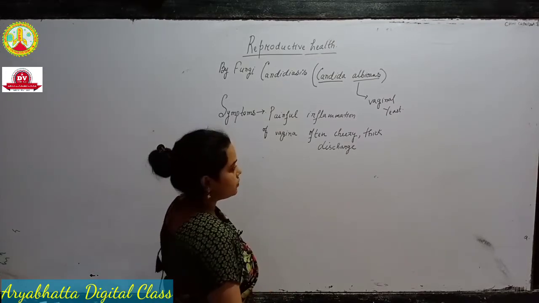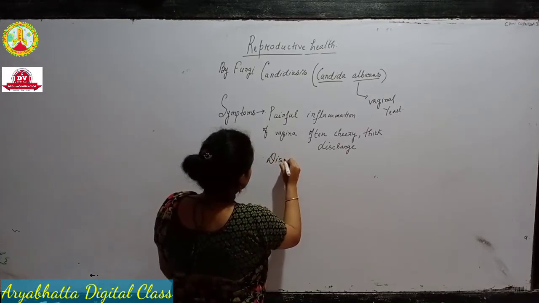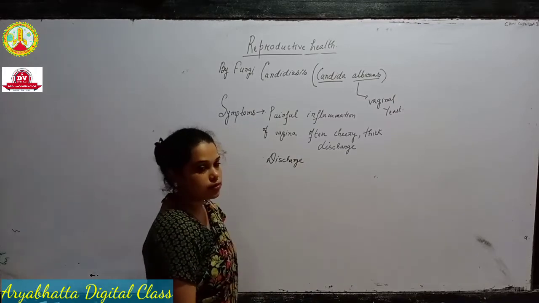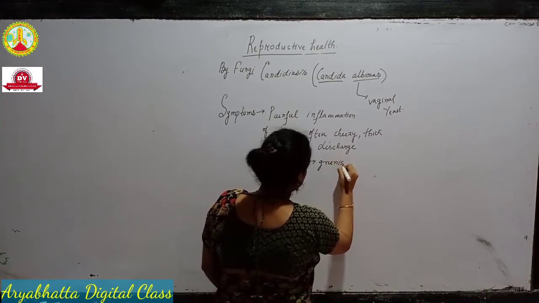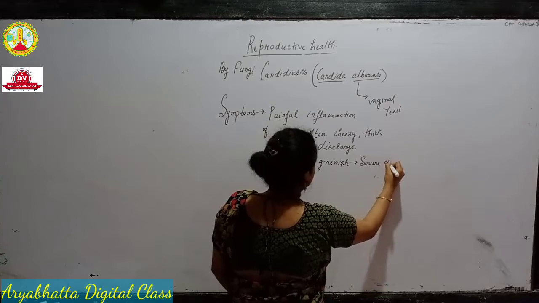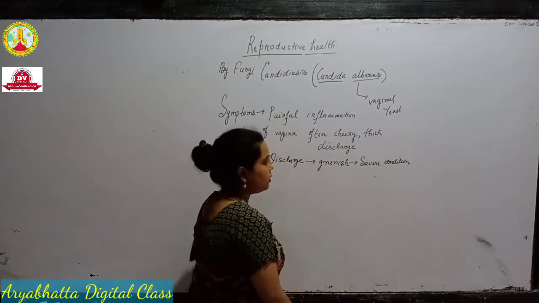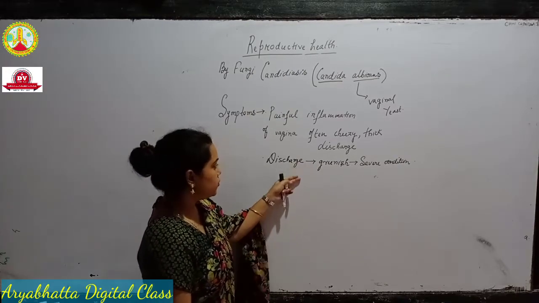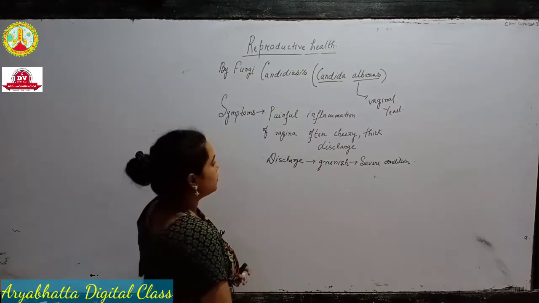Sometimes the condition deteriorates much, and the color of the discharge changes and it sometimes becomes greenish. So it's a severe condition. If left untreated, the condition deteriorates and the discharge will be more greenish in color.